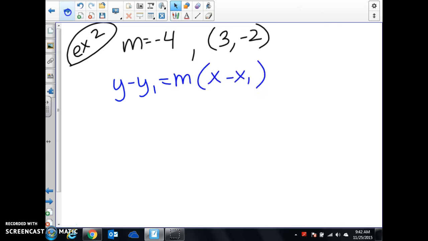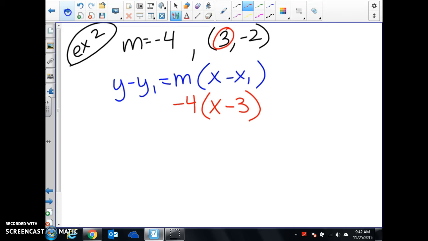The first part of the formula you're always going to put in there is your m. That's -4. x minus my x1 is 3, so minus 3. Over here we have y minus my y1, which is -2, so minus a -2. This becomes a plus.